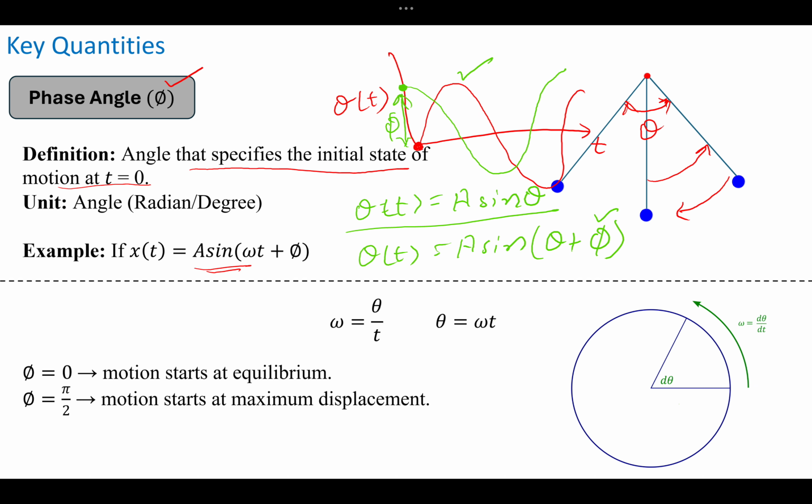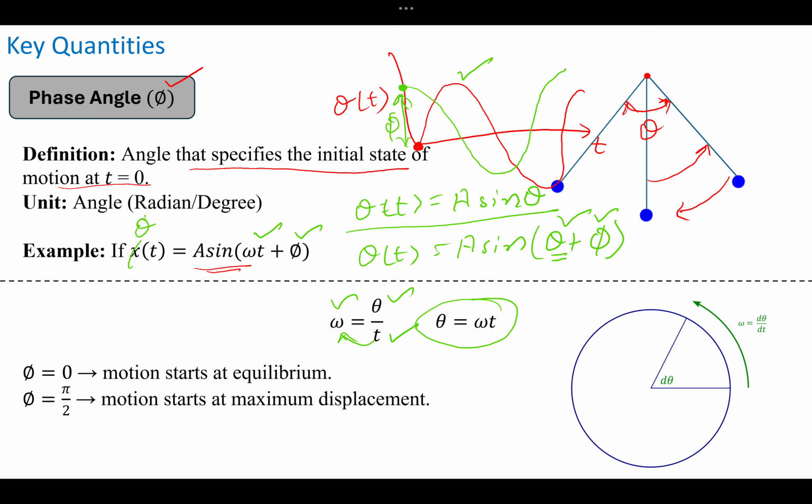Now we know that theta is the angular displacement, and we also know that the angular velocity is equal to the displacement over time. Then theta can be written as omega t by multiplying by t, and that is why we simply write theta as omega t plus phi. This is the case if you are talking about theta of t, or angular displacement.